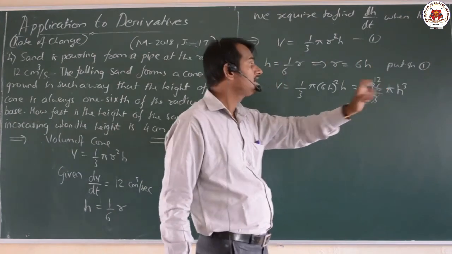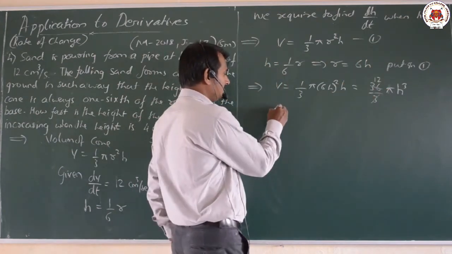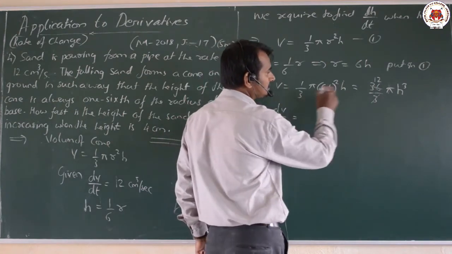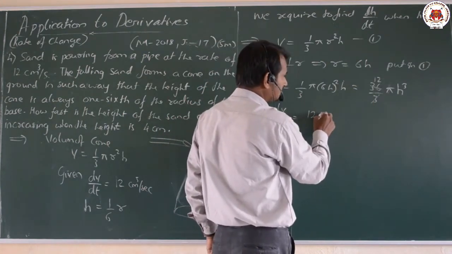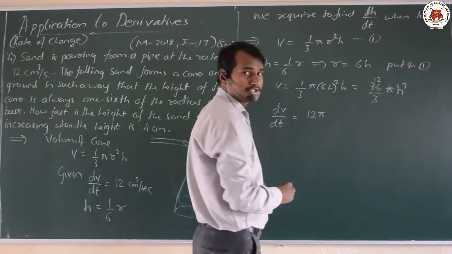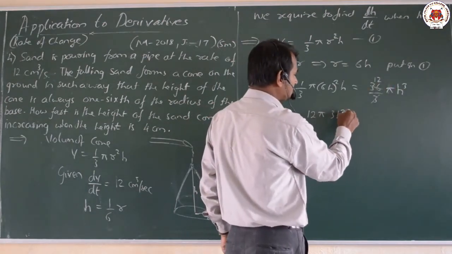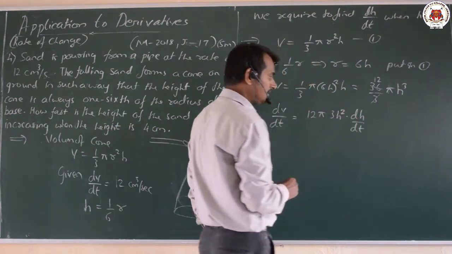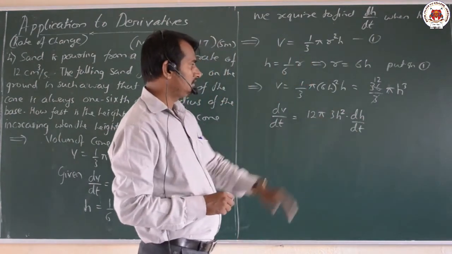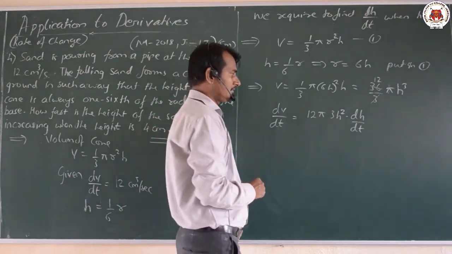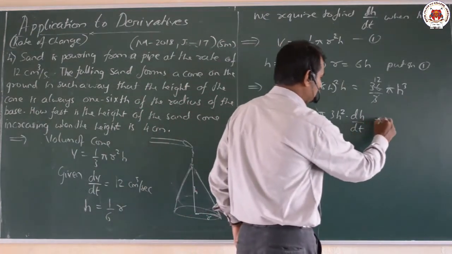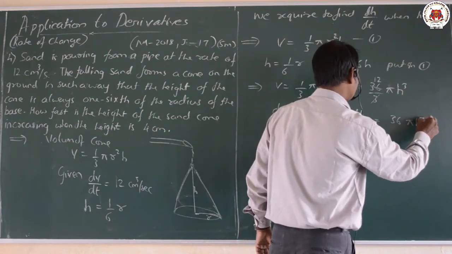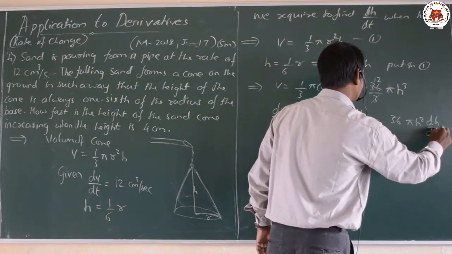Very simple concept. Now I will differentiate both sides with respect to t. dV by dt is equal to 12 as it is, pi as it is, h cube differentiation will be 3h square into dh by dt. Now the value will be 12 threes are 36 pi h square into dh by dt.